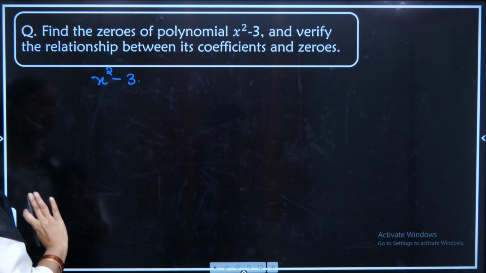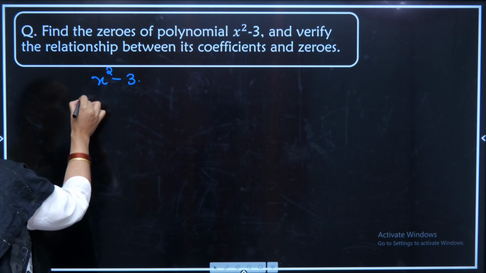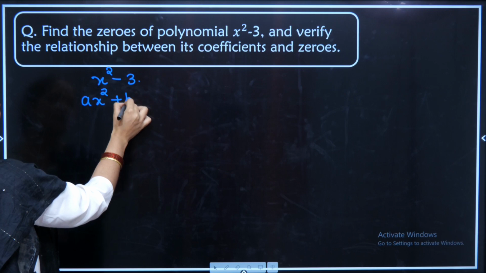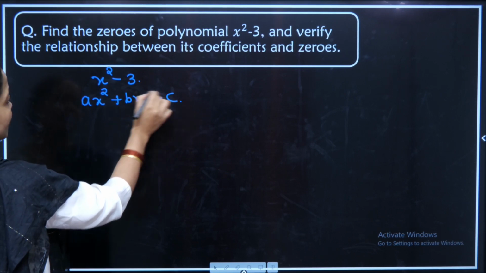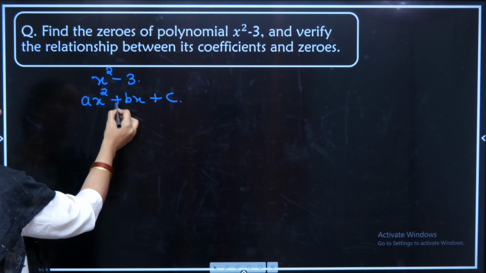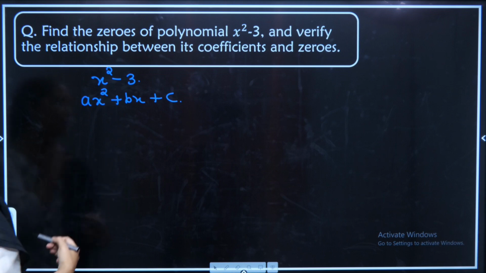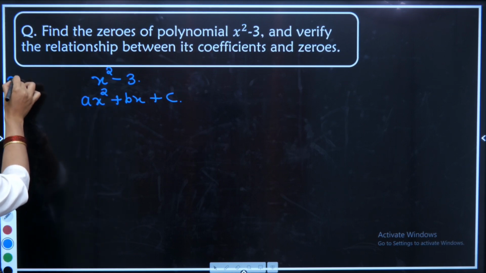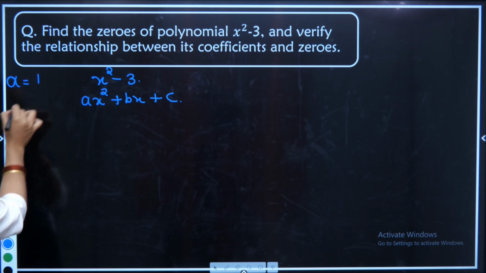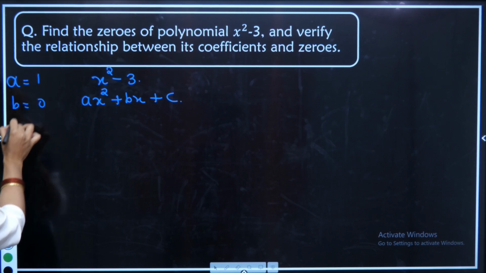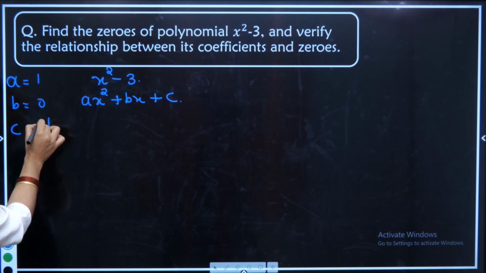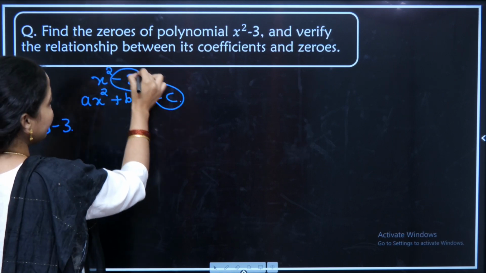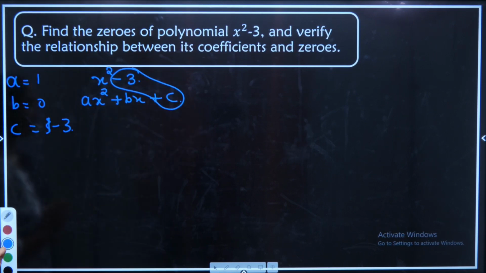The general form of a quadratic polynomial is ax square plus bx plus c, but I don't have any x term in the given equation. Therefore, a will be 1, b will be 0, and c will be negative 3.